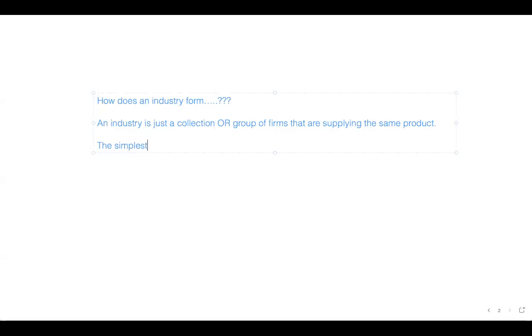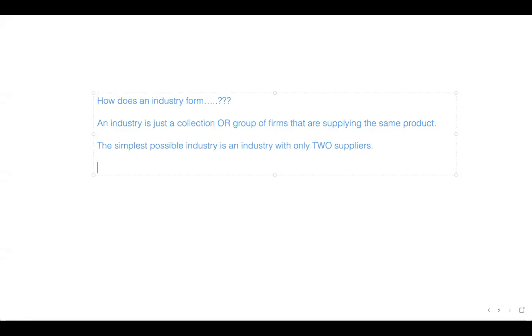So the simplest possible industry is an industry with only 2 suppliers. Okay.